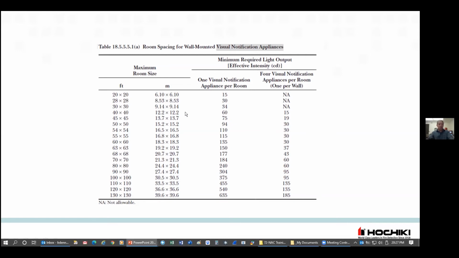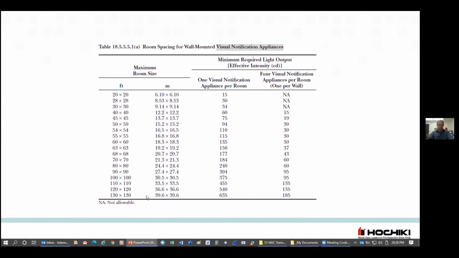If we had a larger room, say this one, that's 15.2 meters squared, 50 by 50 feet, we could have one 94 candela appliance, or we could have 4 appliances, one on each wall, each appliance with a candela rating of 30. Okay, that would also comply with the requirements.